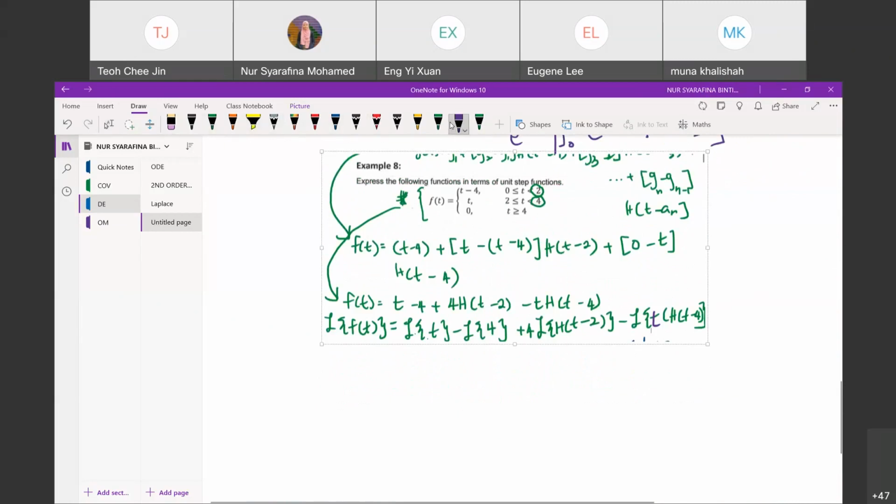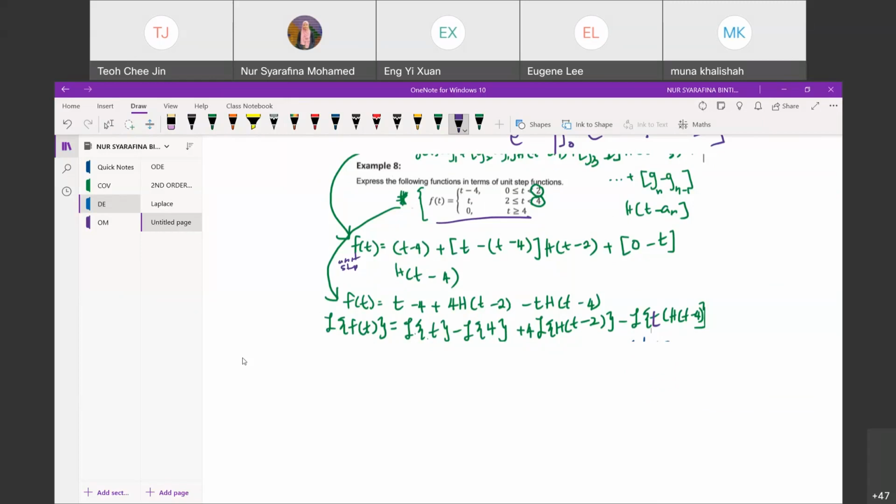So by Laplace transform of this function, you need to transform one by one by linearity, scalar multiplication. This one by the unit step function. Now this one is the second shifting property.